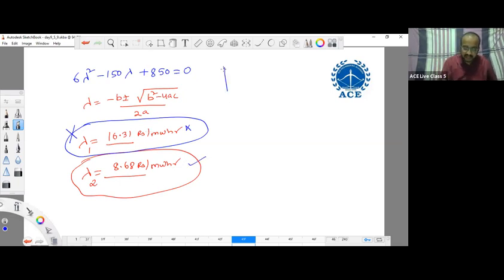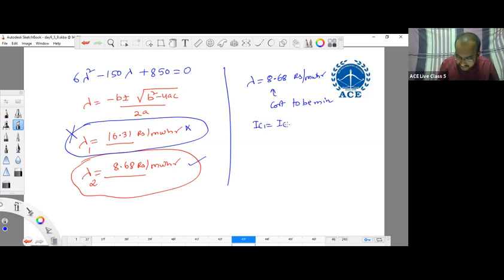So you should select the lambda value as 8.68 rupees per megawatt hour, because the cost is minimum. Now IC1 is equal to IC2 is equal to IC3 is equal to lambda, that is 8.68 rupees per megawatt hour.